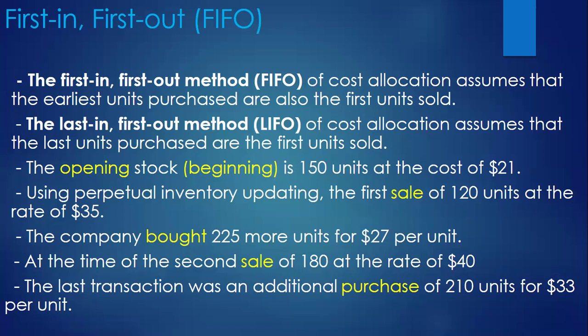I have the first sale of 120 units, I'm sorry, I said 150 earlier. Sorry about that. At the rate of 35. On the second sale, I have 180 at the rate of 40.